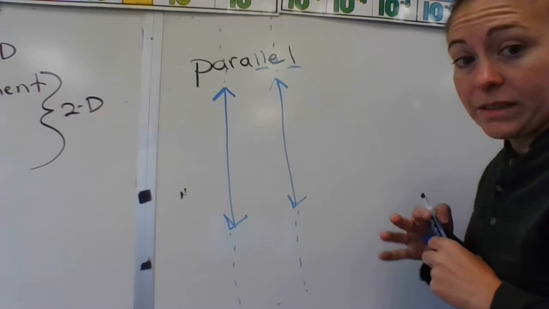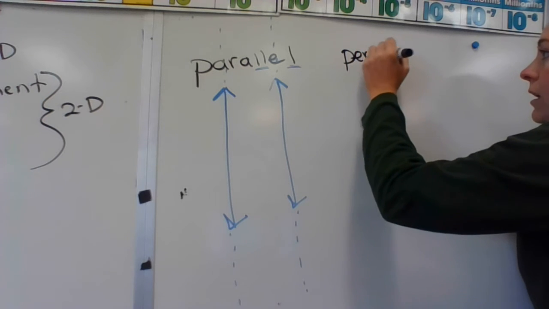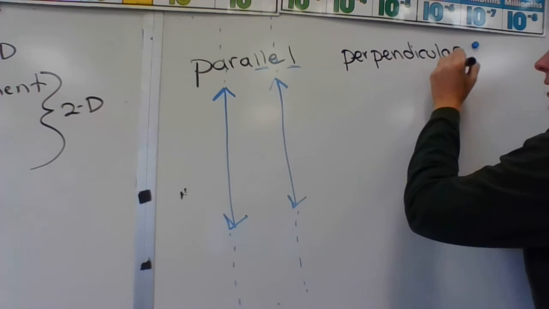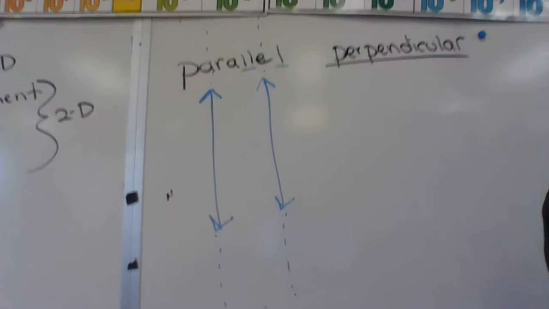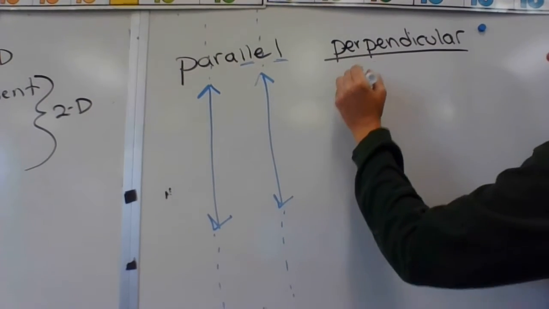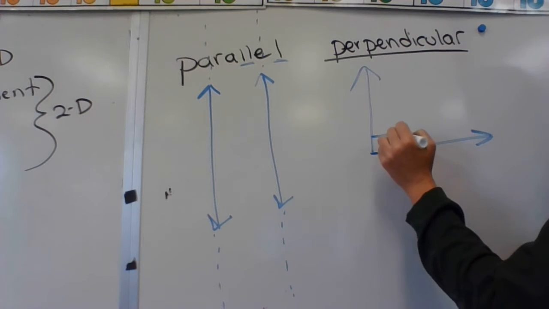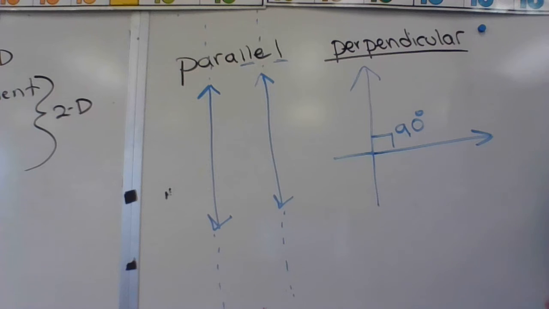And then perpendicular lines. Perpendicular lines are lines that cross at exactly 90 degrees. So if we were to draw that, you would have your lines crossing with a 90-degree angle, or a right angle. It would cross like that.